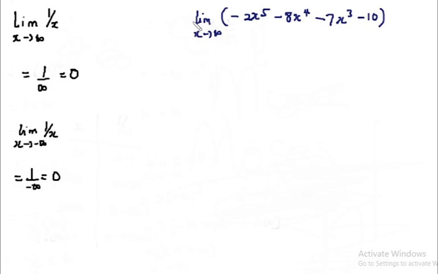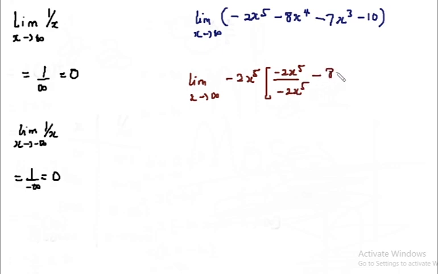Now we have to factorize this one from the rest of the terms. So I'll write this limit. The limit as x approaches infinity is minus 2x to the power of 5, open brackets, minus 2x to the power of 5 over minus 2x to the power of 5.